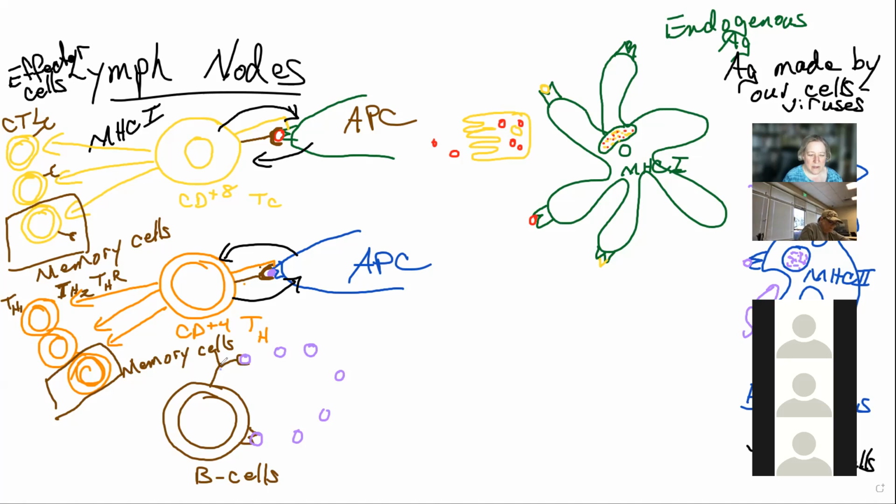It binds its antigen, moves it in here, moves it back up and displays it here. So it just kind of goes around to all the T helper cells saying, hey, do you recognize this? And the T helper cell says, yes, indeed I do. And they get talking to each other.